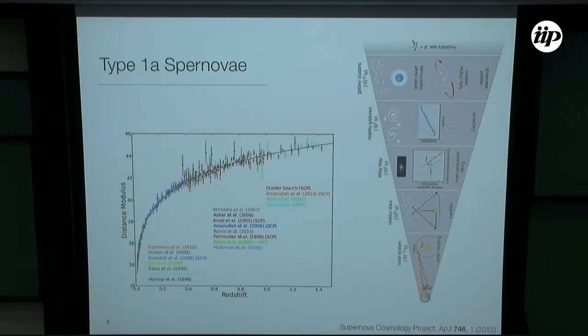The other standard way of measuring things like the Hubble constant and doing cosmological inference is using standard candles. The best one is type 1a supernovae. These are thought to be white dwarf stars that are accreting material, and at a certain point in their accretion, they surpass a limit, and they have a supernova explosion.